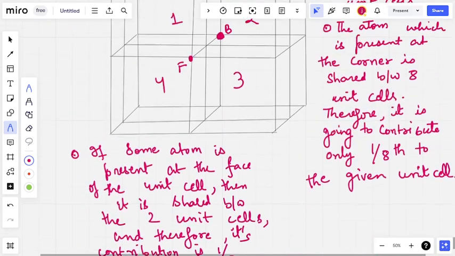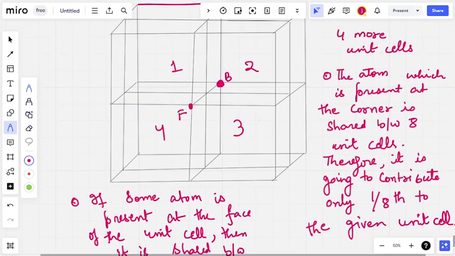How? Let me just erase this one. If we have the atom which is present on this edge, now you can see that this edge is shared between only the 4 unit cells.